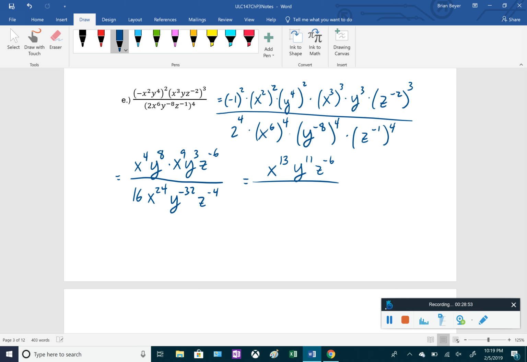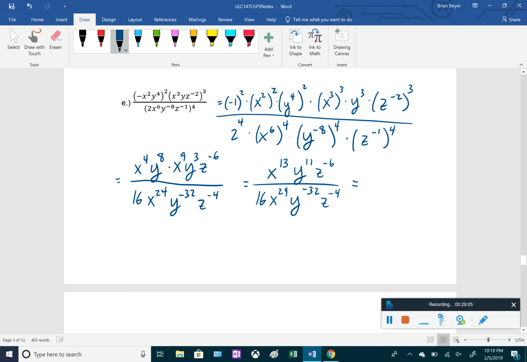And for that denominator, it's already done, so let's combine these using positive exponents in that quotient rule. So it's going to be 1 over 16. So the 16 is still in the denominator. It's going to be x to the 13 minus 24.